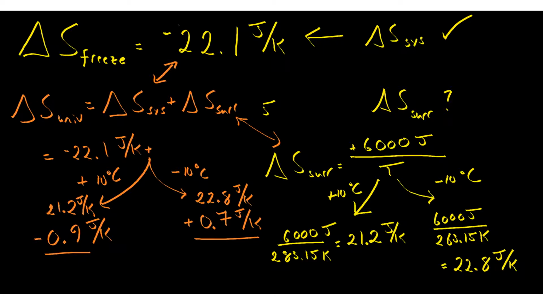And at negative 10 degrees Celsius, the entropy change of the universe is positive 0.7 joules per Kelvin. Meaning that water will not freeze at positive 10 degrees Celsius, and water will freeze at negative 10 degrees Celsius. Okay, that's a blindingly obvious result.